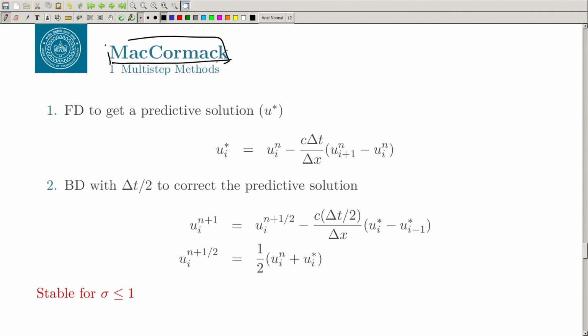So, like the Richtmyer or the two-step Lax-Wendroff, McCormick also has two steps, but this is simpler than that. In this you will first use the forward differencing and then use the backward differencing. And you can actually do the opposite. You can first have the backward differencing and then the forward differencing. It does not change anything. So, let us look at this McCormick scheme.